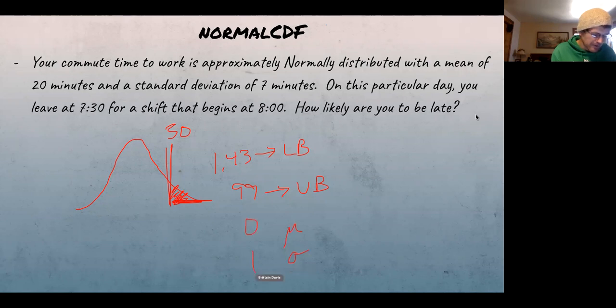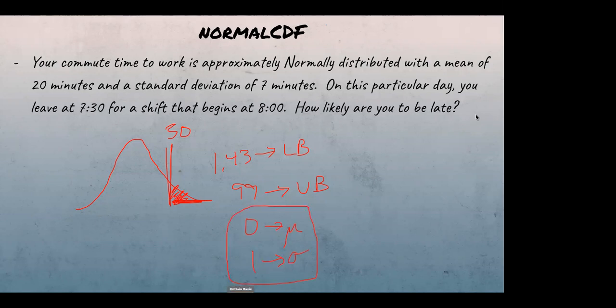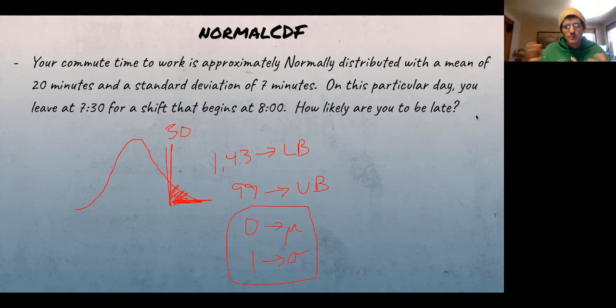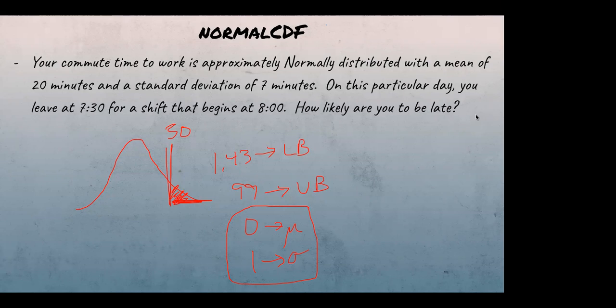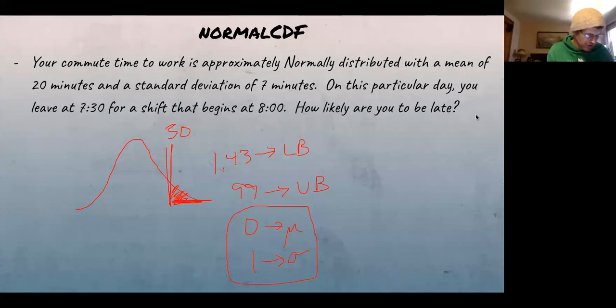I'm glad that is happening now because we are standardizing. Every time we create a z-score, we're standardizing our data to a mean of 0 and a standard deviation of 1. Okay, thank you. It's actually a good thing that mistake happened.